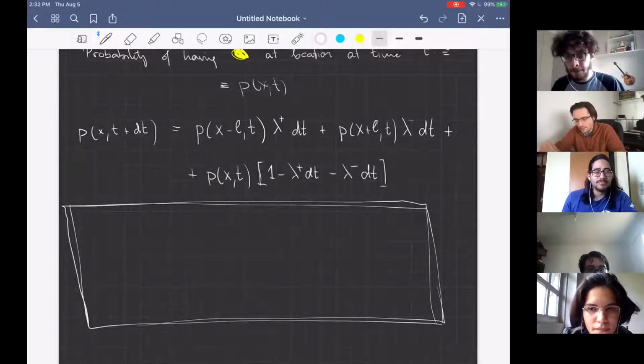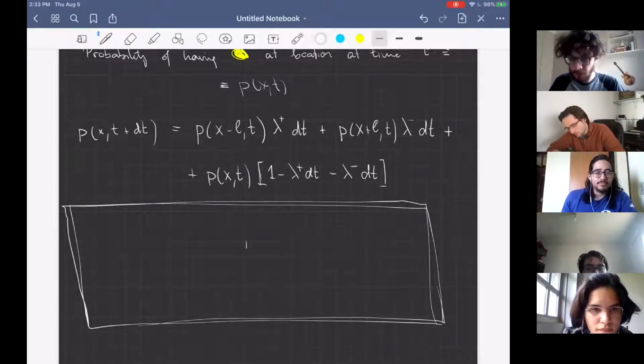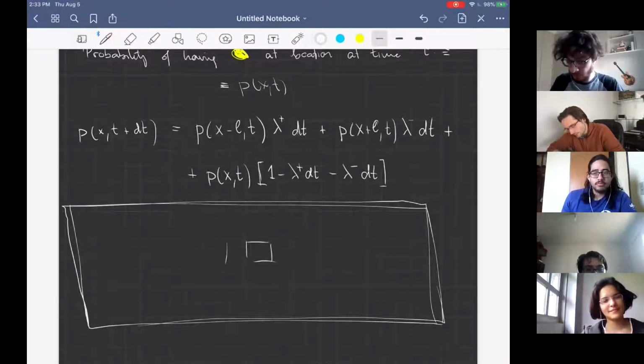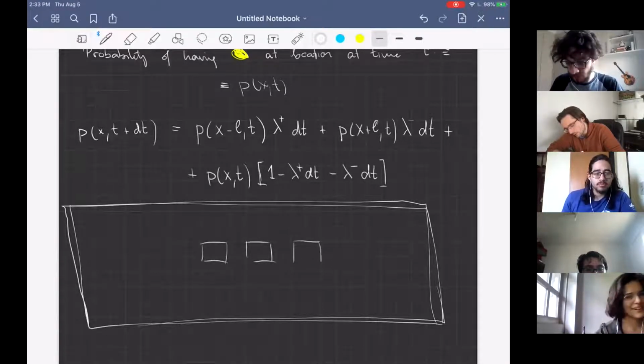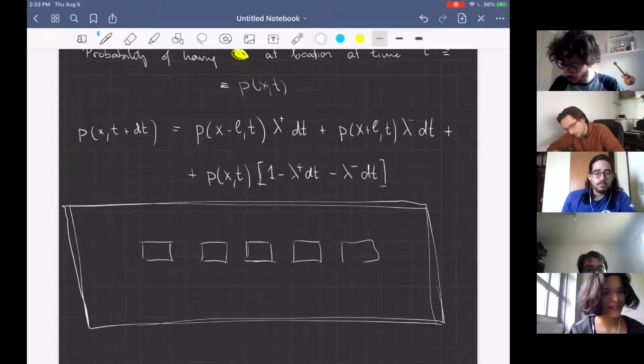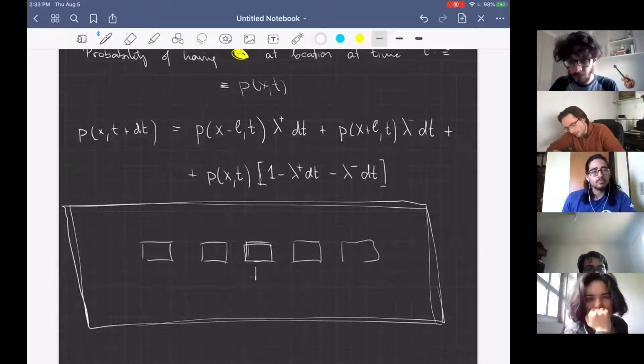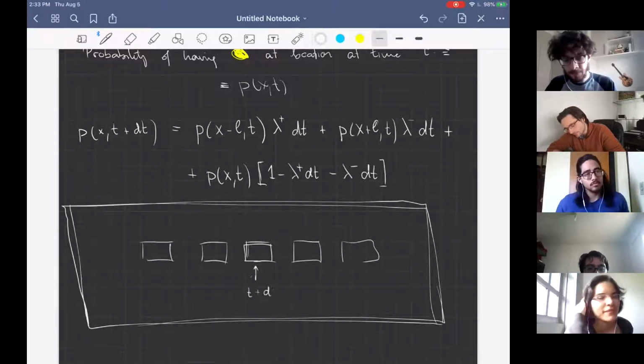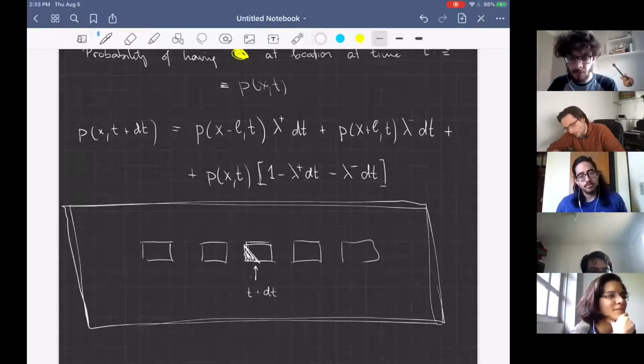So the idea is that you want to know, let's see, how can I explain this? Actually, maybe with this example, it's easy. You want to know at a time t plus dt, what is the probability that you are here?